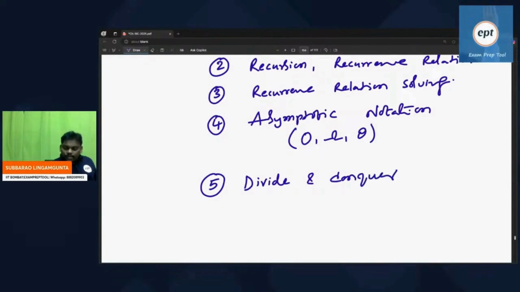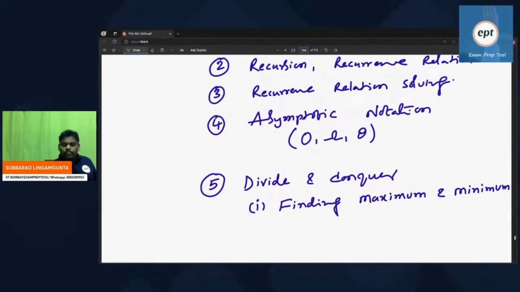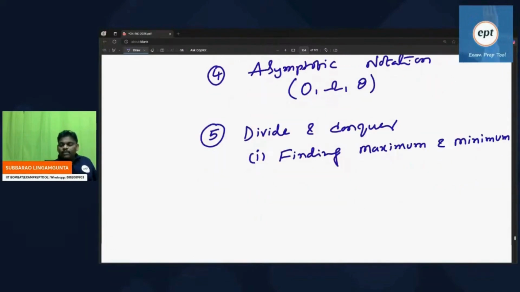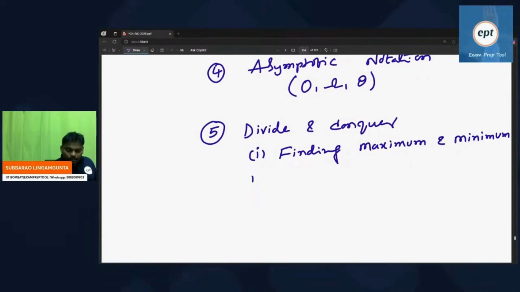In divide and conquer, the first one is finding maximum and minimum. Second one, power of an element. Third one, binary search.